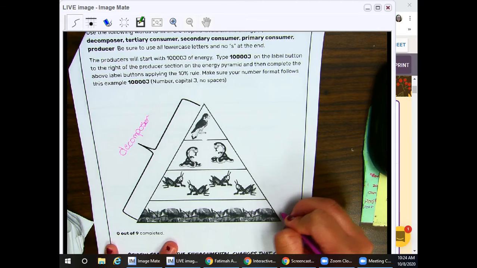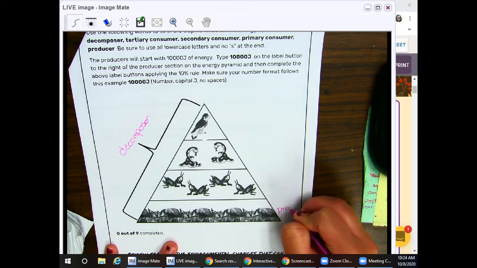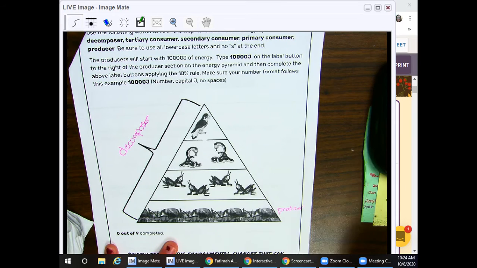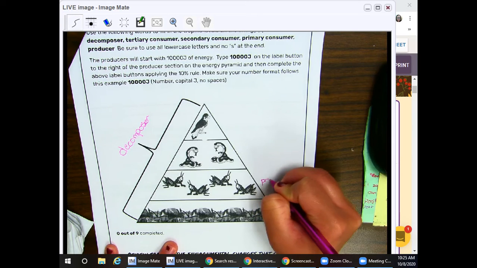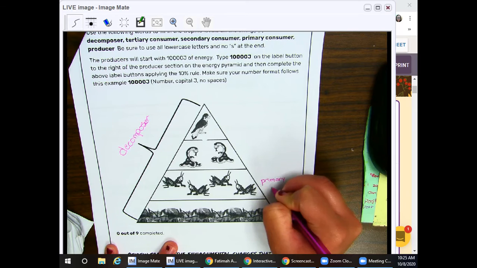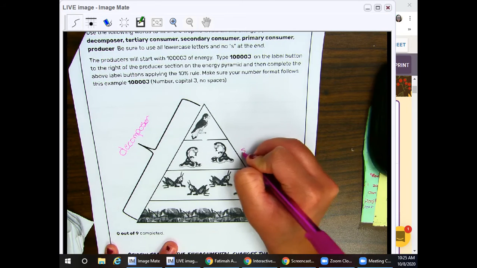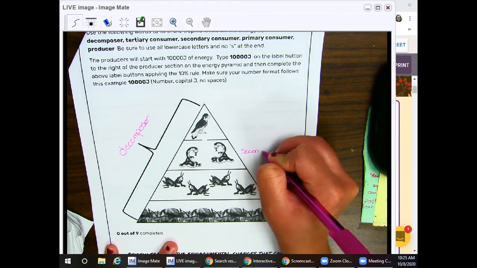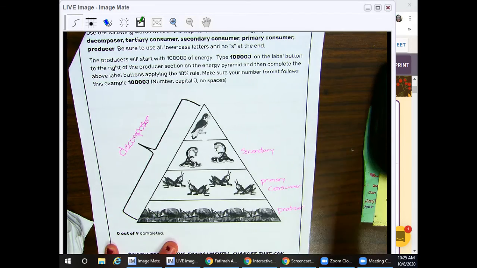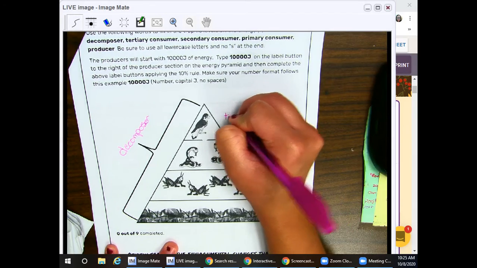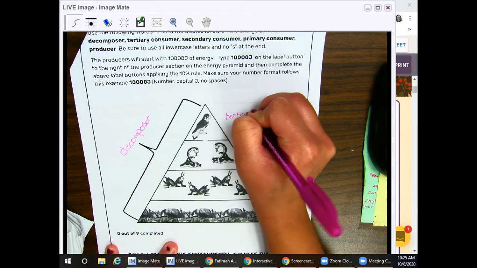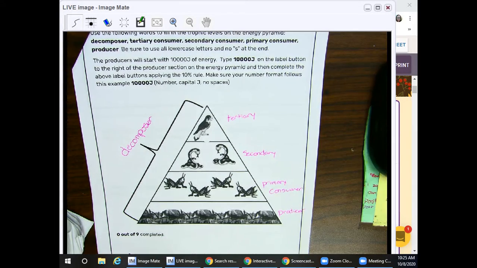You have your producers at the bottom. Then you have your primary consumers who eat the producers. Then you have your secondary. Then you have your tertiary.